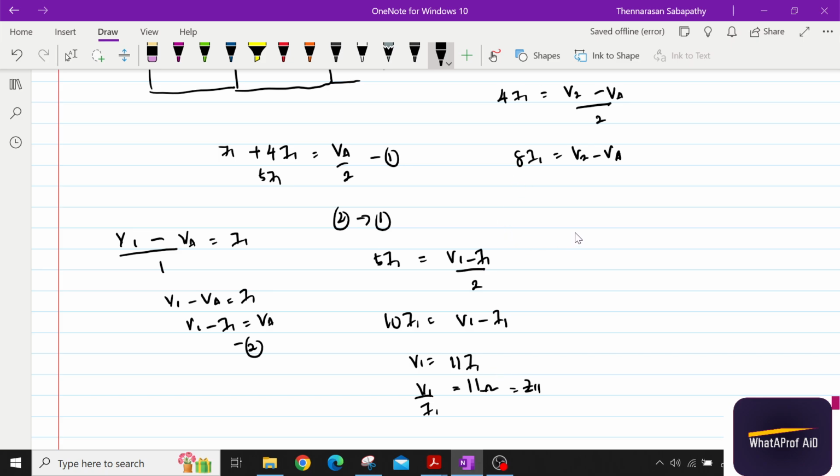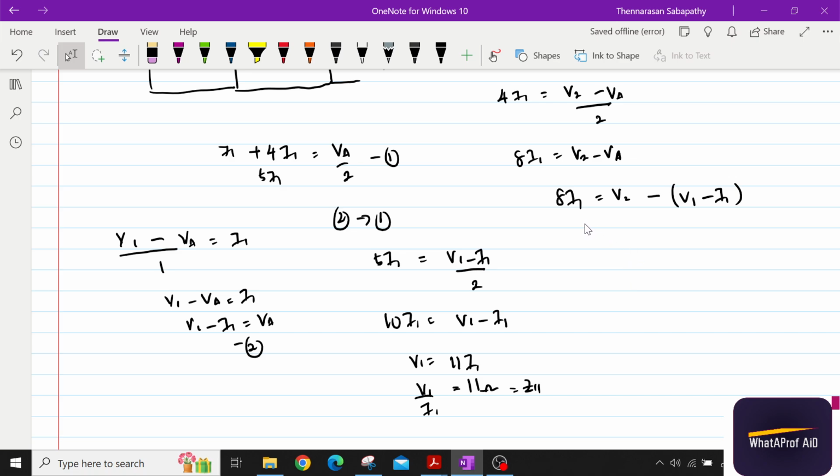Next, for Z21, we have to use this equation, expanding it in terms of VA. VA is V1 minus I1. So we just rewrite everything. 8I1 equals to V2 minus VA, which is V1 minus I1.